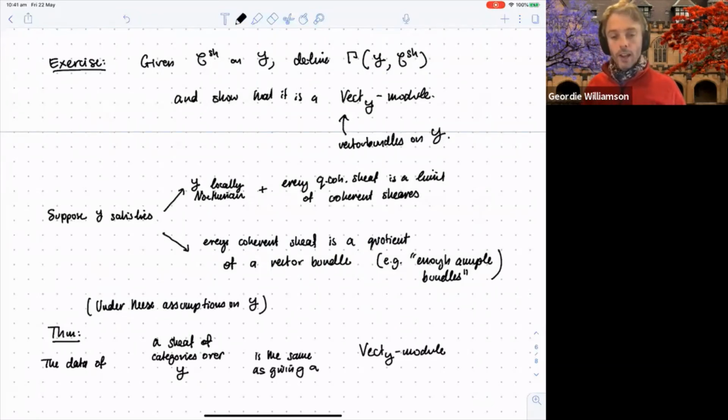So a module over vector bundles on a stack Y is exactly the same thing as giving a sheaf of categories over Y.